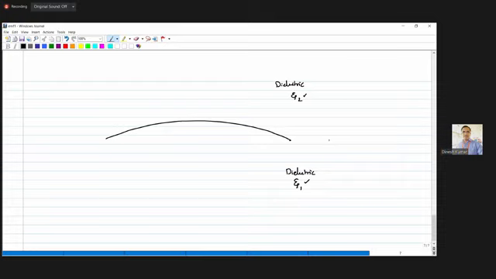Now what I have to do is consider, first of all, the electric field intensity. I'm going to derive the boundary conditions for E, the electric field intensity.